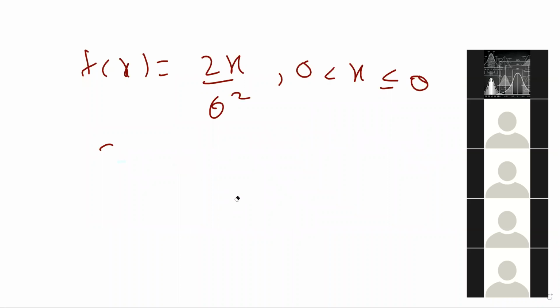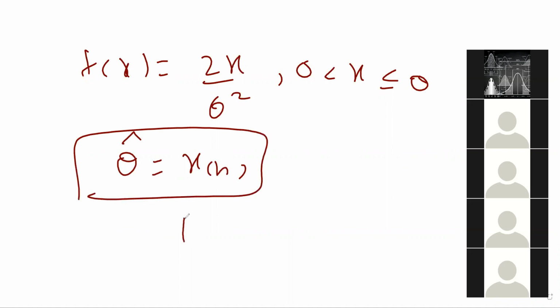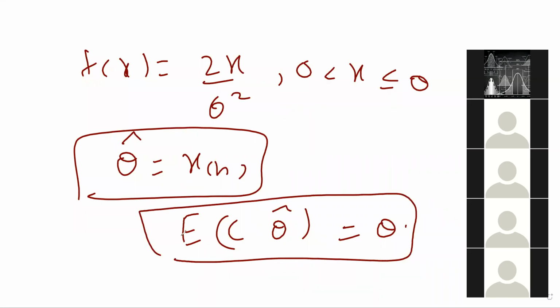We know that theta hat is equal to xn. Now I want a constant C such that the expectation of C xn is equal to theta. Can anybody explain the process to find it? Anybody in the class? Yes, sir. How to find it?